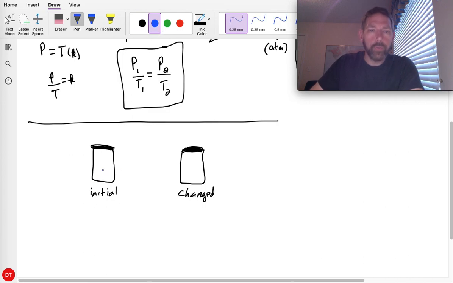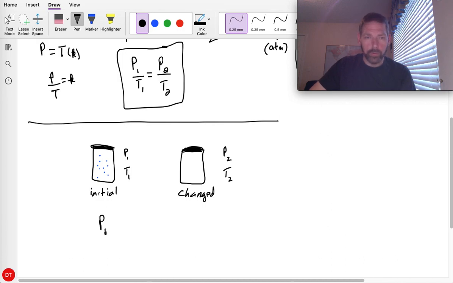Once again, we'll go with the whole 10 thing, right? So 1, 2, 3, 4, 5, 6, 7, 8, 9, 10. And then obviously we know we're going to have a P1, T1, we're going to have a P2, and we're going to have a T2. So we can already begin to set up our equation.